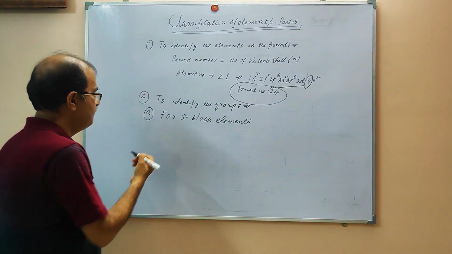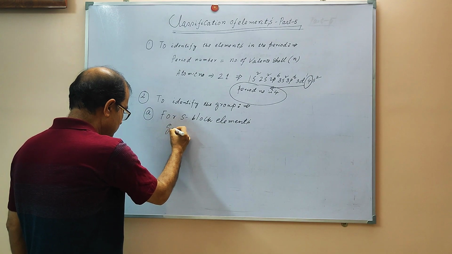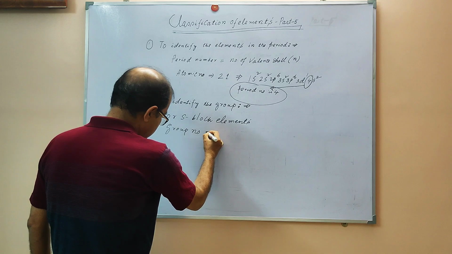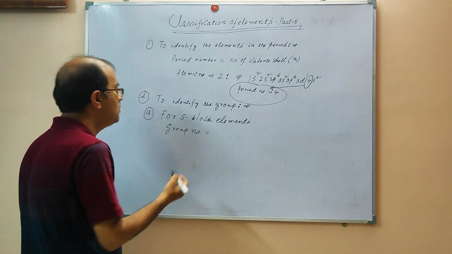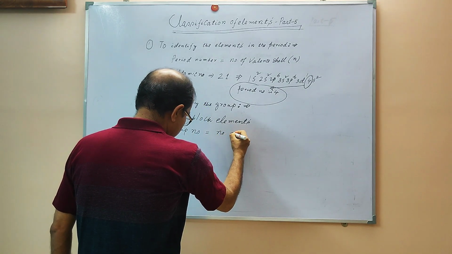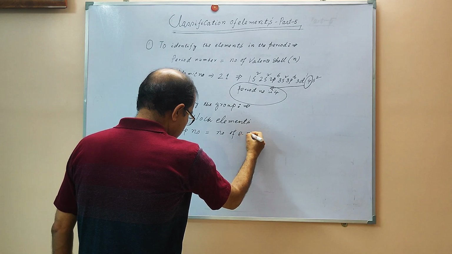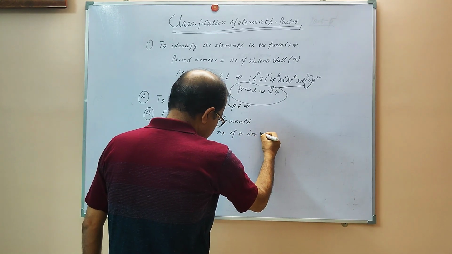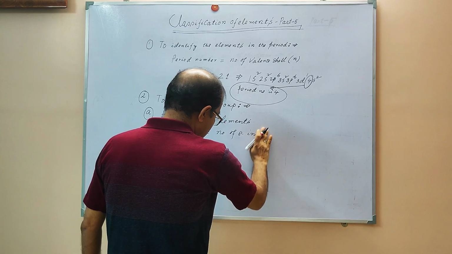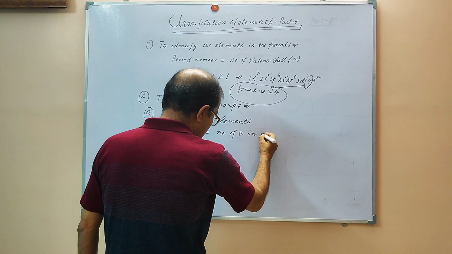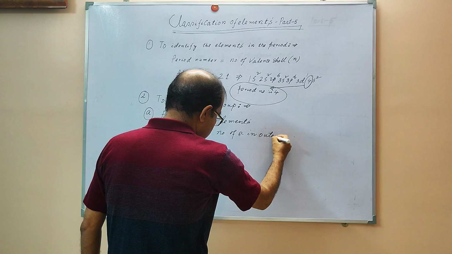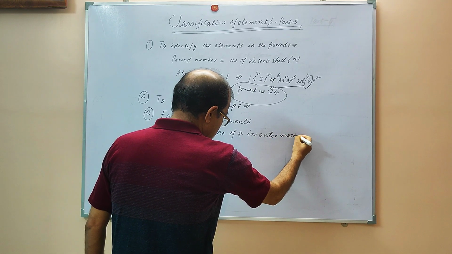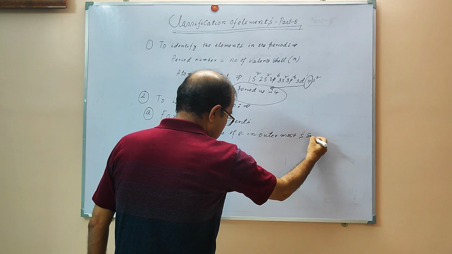the general rule is that for the S block element, the group number is equal to the number of electrons in the outermost S subshell.